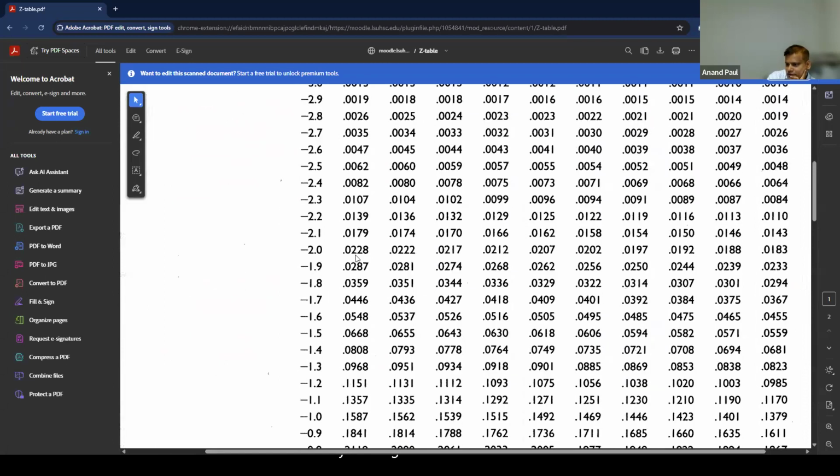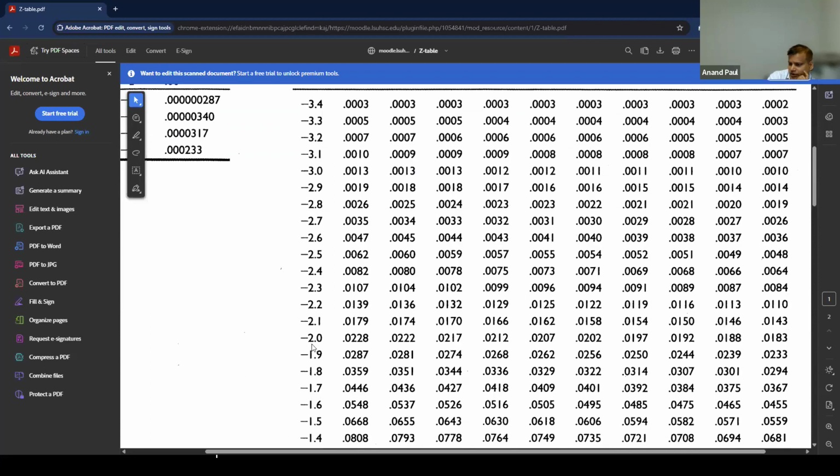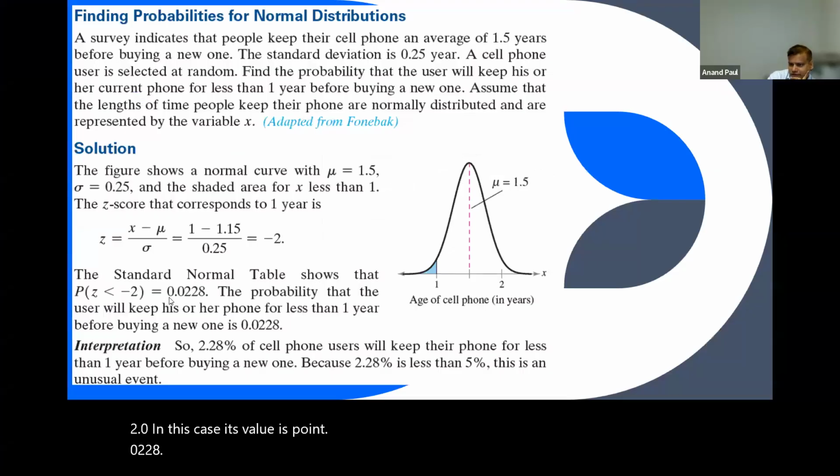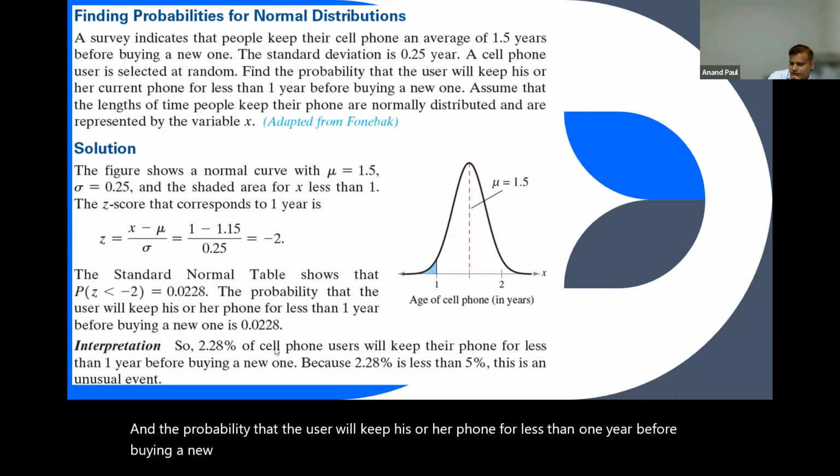Here's z, and then the points 0.00, 0.01, 0.02 are here. But we are just interested in minus 2.00, so it's just minus 2.0. In this case, its value is 0.0228. So the probability that the user will keep his or her phone for less than 1 year before buying a new one is 0.0228.